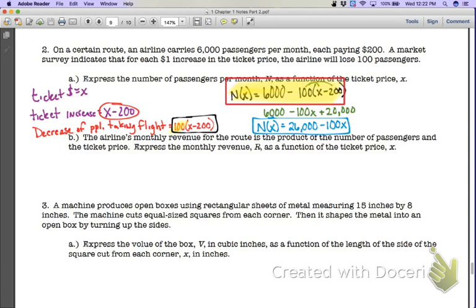I think what's in blue sets up better for part B because it's going to be easier to multiply.